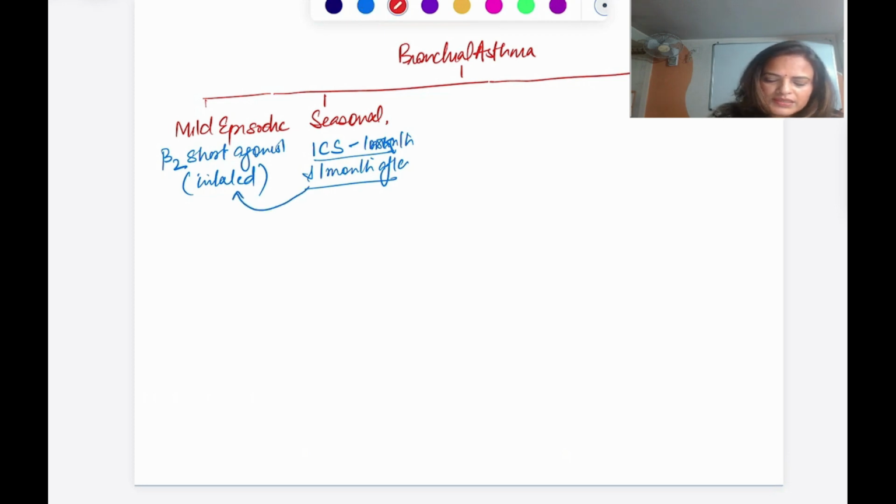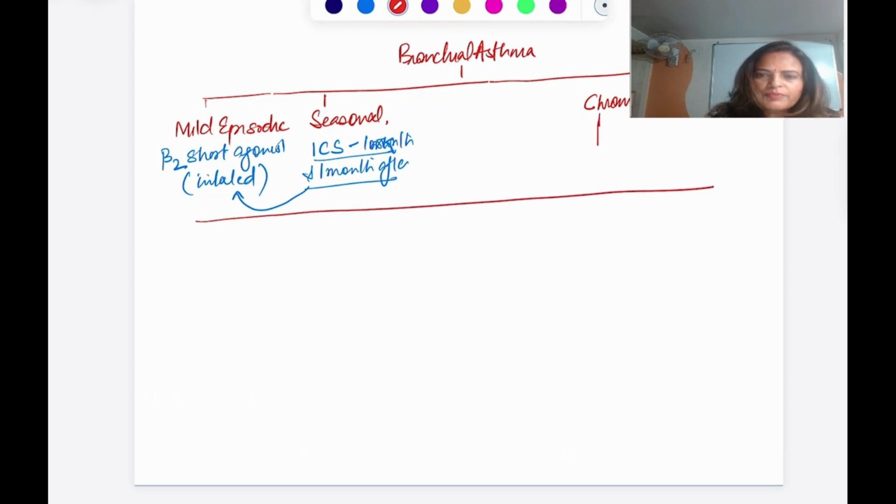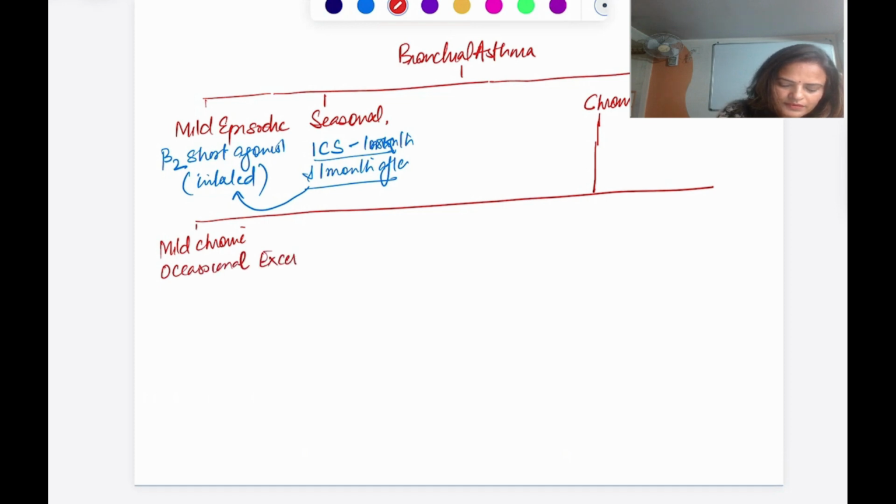Then the third one is if the person suffers with chronic asthma. If a patient develops chronic asthma, okay, then if the person suffers with mild chronic asthma, where there is occasional worsening or occasional exacerbation, less than 1 day or 1 day, the patient is like that.